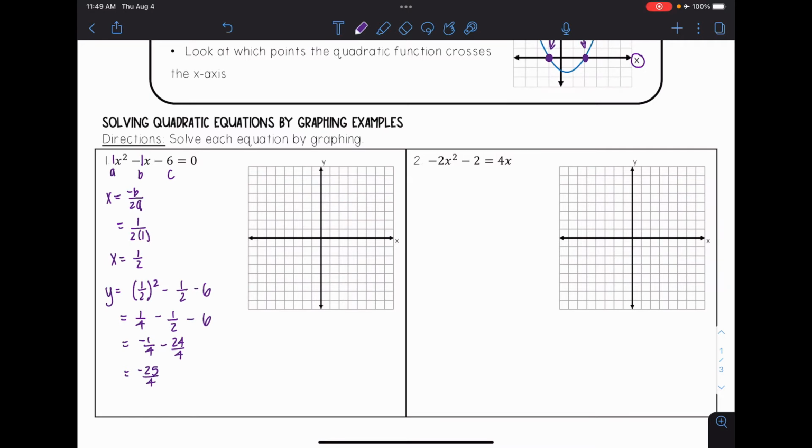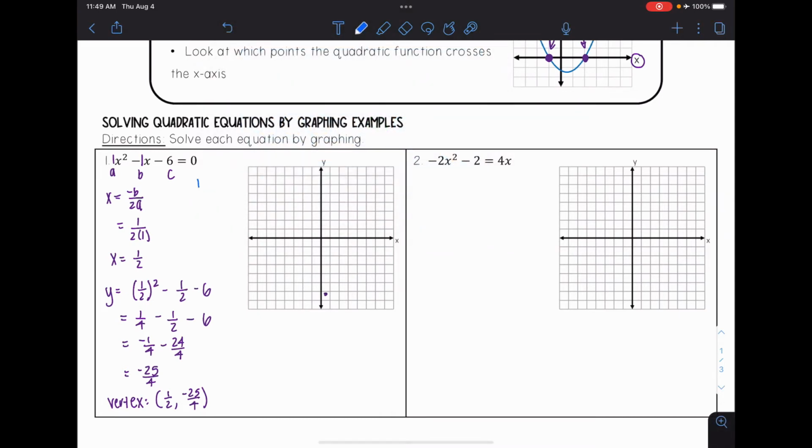And so that means that my vertex here is 1/2, -25 fourths. So I want to go ahead and plot that. So I'm going to the right 1/2, and I'm going down 25 fourths, which is the same thing as 6 1/4. And then I want to use that 1, 3, 5 rule to plot some other points.